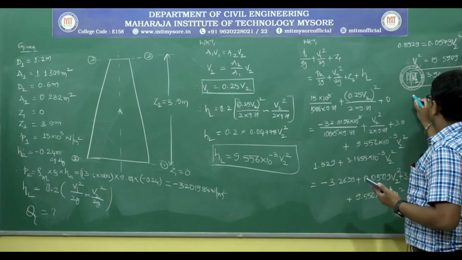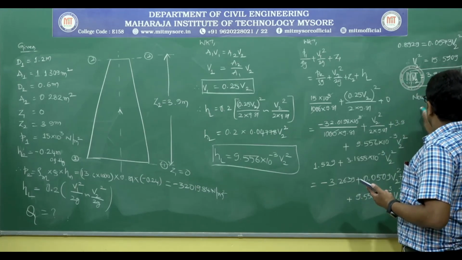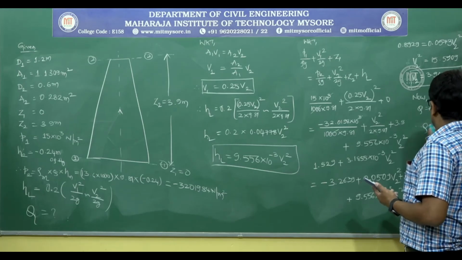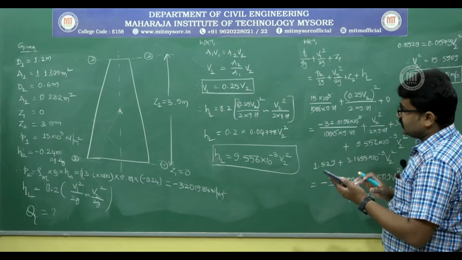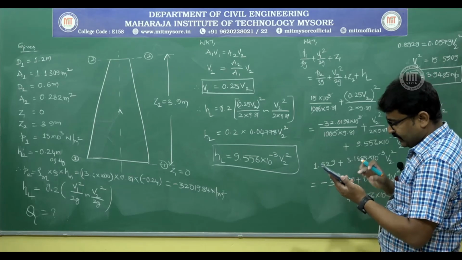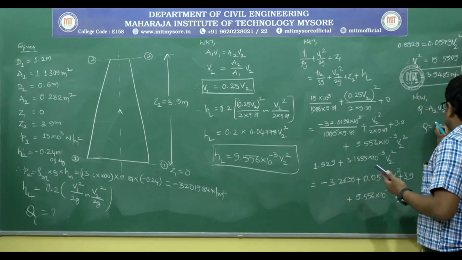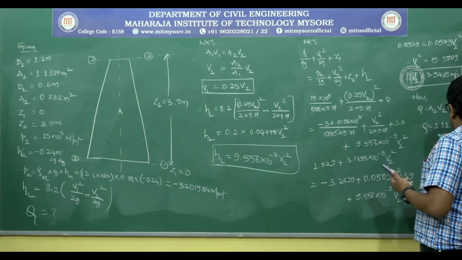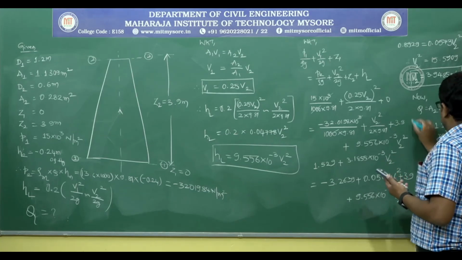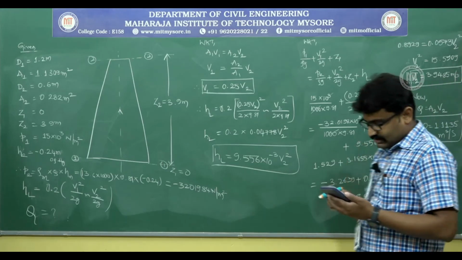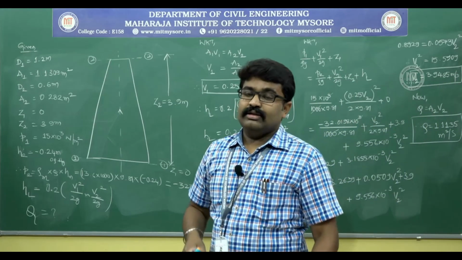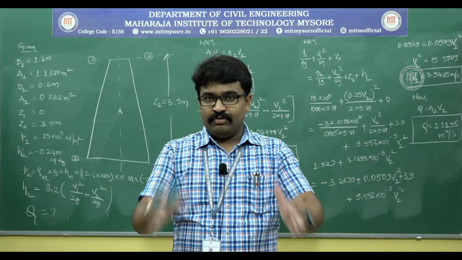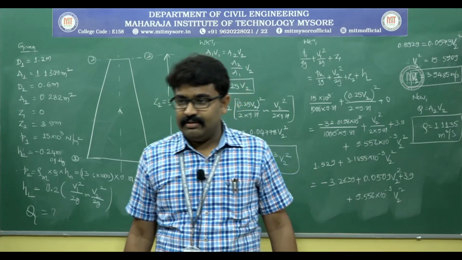Using this, we know that now Q is equal to A2 V2. Therefore, Q is equal to, how much is A2? 0.282. So, the answer is 1.1135 meter cube per second. This is the solution that we were looking for. Again, this fetches a full quantum of 10 marks.